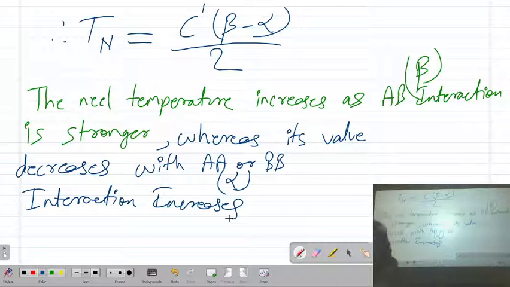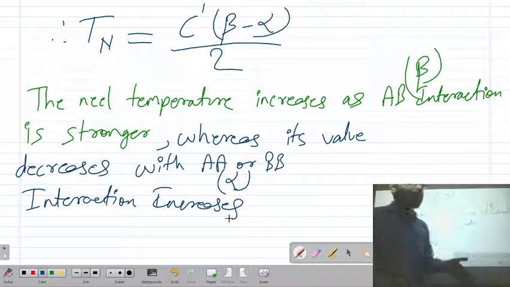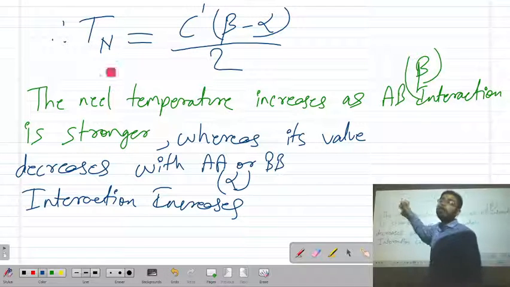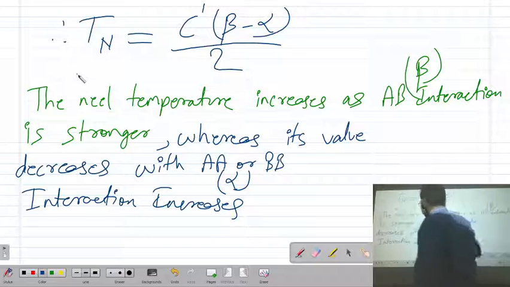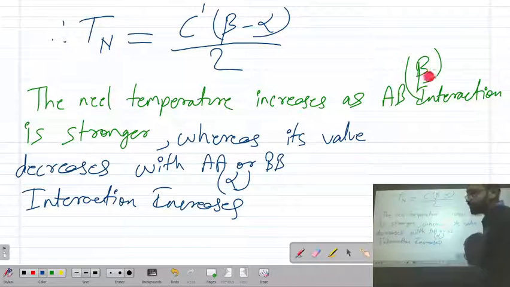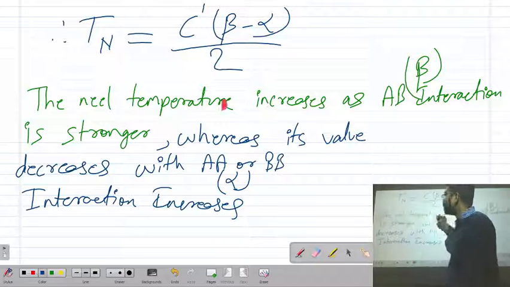When the similar kind of atom interaction increases, the value of T N is going to be less. It will decrease. When you have a different kind of interaction, a strong interaction between different atoms, you will have a higher value of Neel temperature.